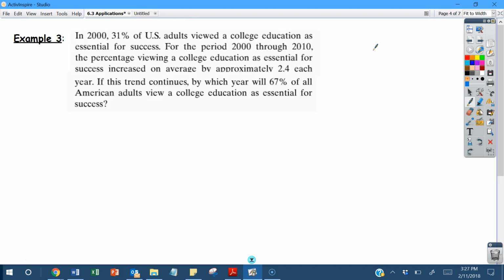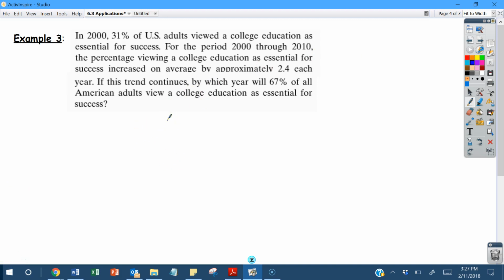In this one, in 2000, 31% of U.S. adults viewed a college education as essential for success. For the period 2000 through 2010, the percentage viewing a college education as essential for success increased on average by approximately 2.4 each year. If this trend continues, by which year will 67% of all American adults view a college education as essential for success?